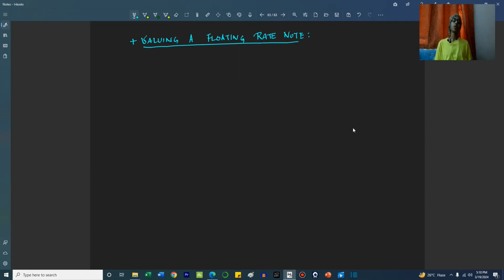Valuation of a floating rate note. Now we know that in case of a floating rate note, the coupon is not fixed, right? Coupon is variable. Usually it is some market reference rate, which can be some interbank lending rate plus some other percentage, right?